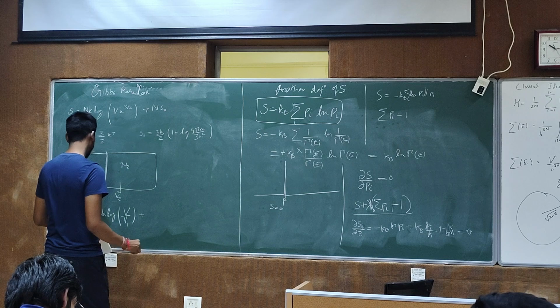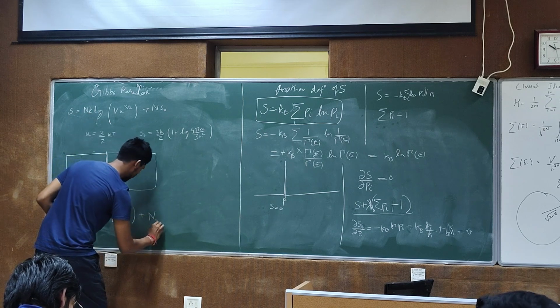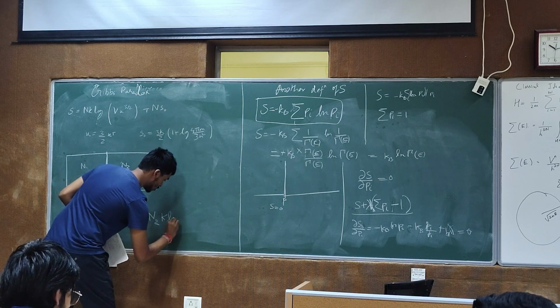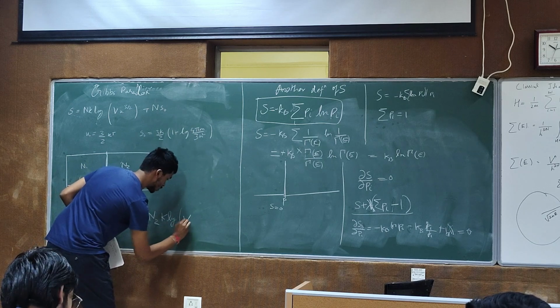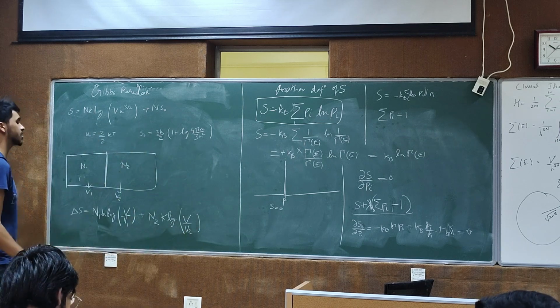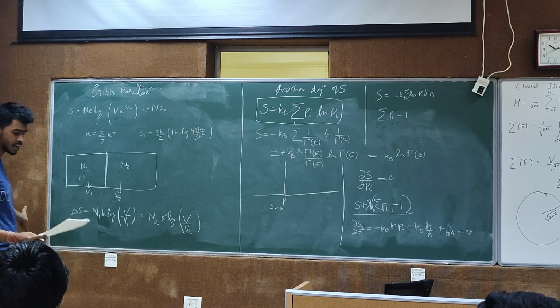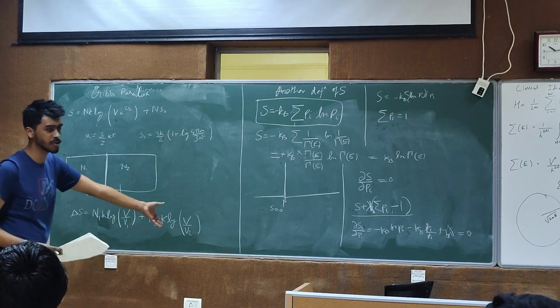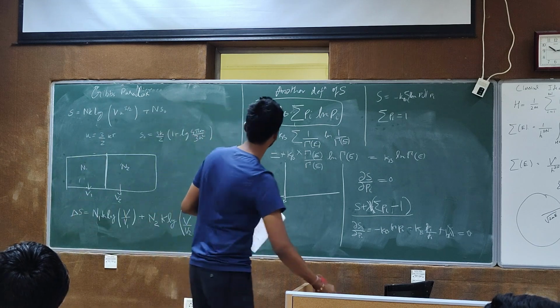And this is the increase in entropy for the second gas. So this is the normal mixing entropy in gases, and this is the correct thermodynamic relation if you have seen it.